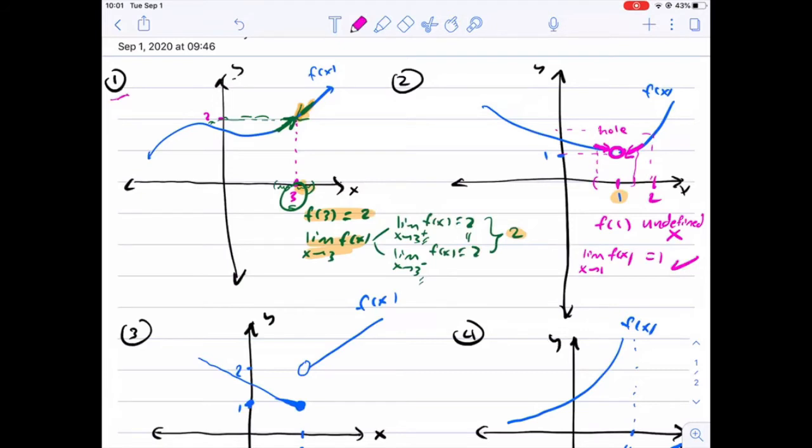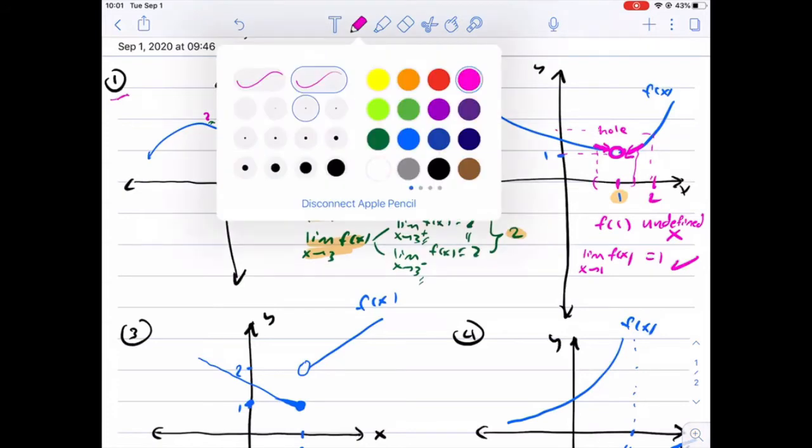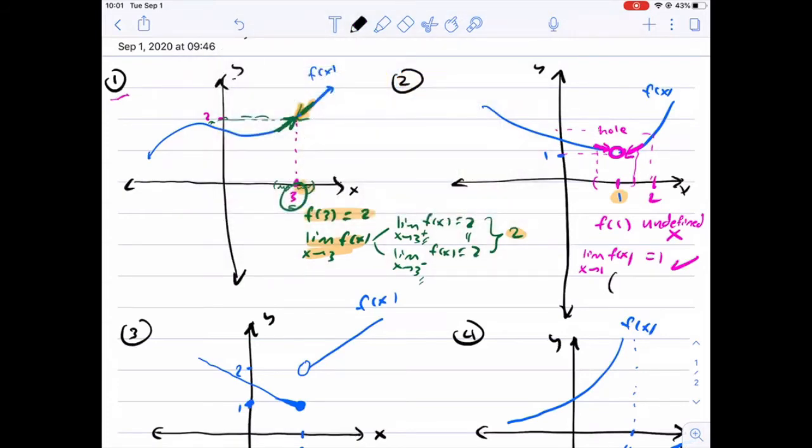So here this function is discontinuous, and this discontinuity is called removable discontinuity. Removable because we can define a point here that can close this circle. Okay, so removable means we have a hole.